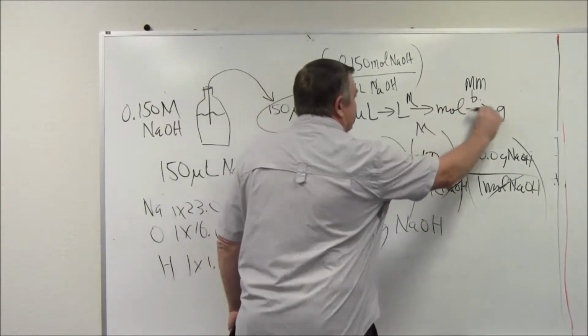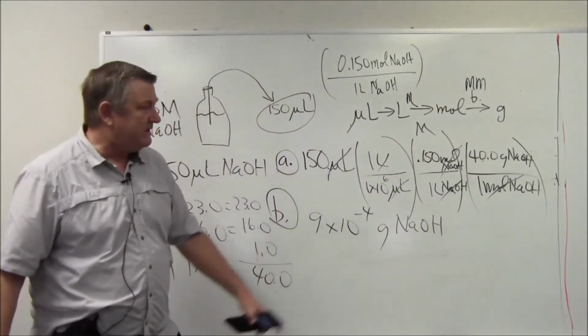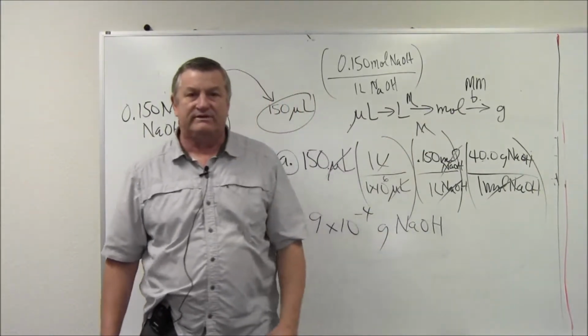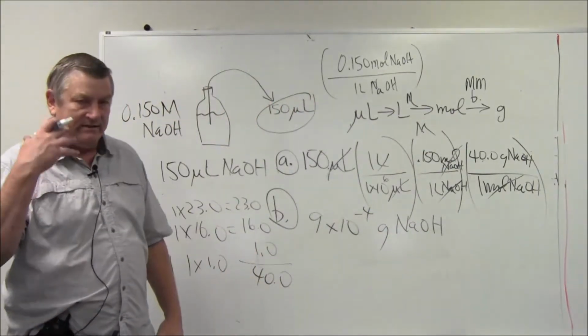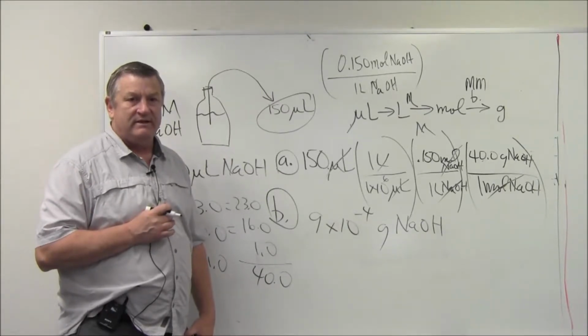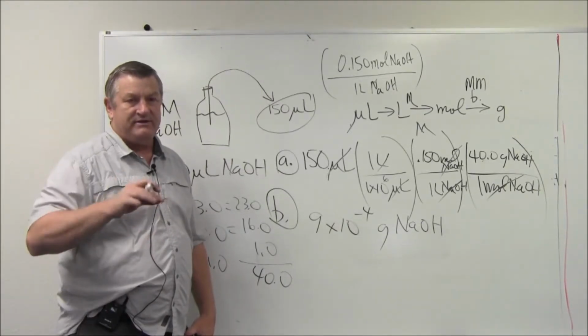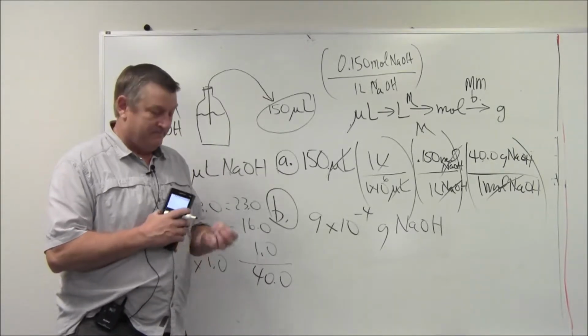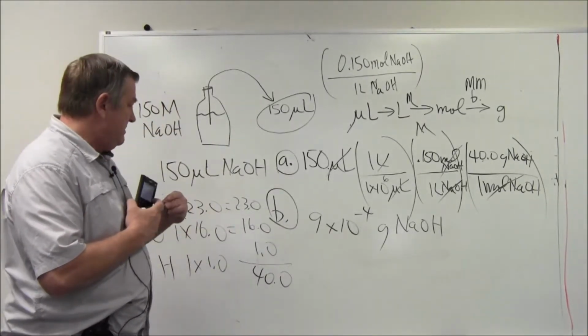You go from liters to moles to grams, using molarity as a conversion factor if it's given, and then the grams with vertical tally. So you've got to get your brain trained in this new conversion factor, molarity, if it's given. It's a true statement, a unit factor for that solution to do any conversion you want. Okay?